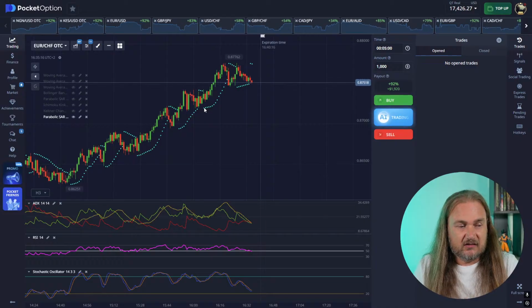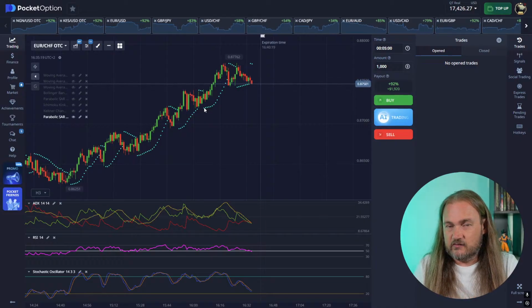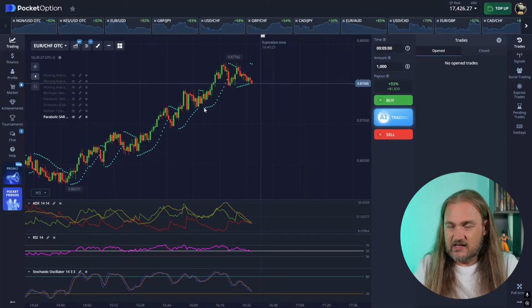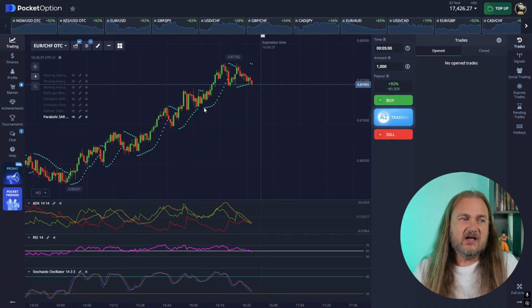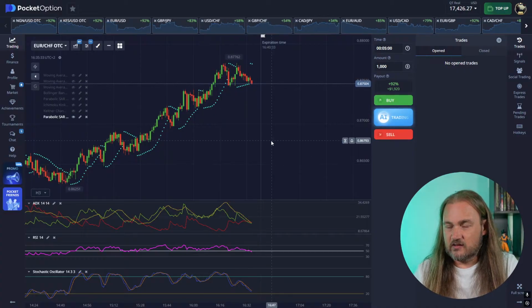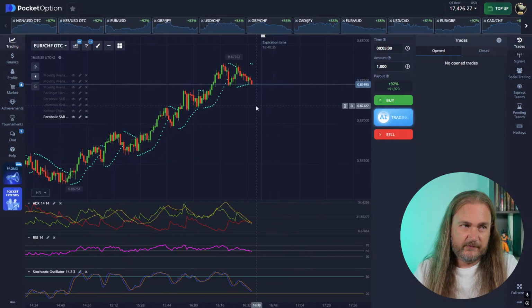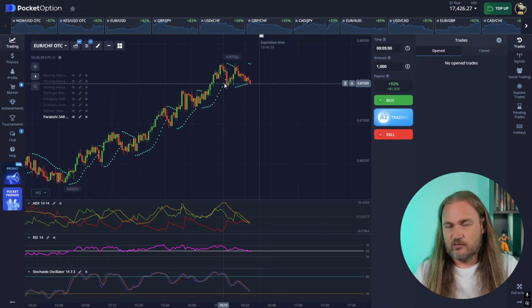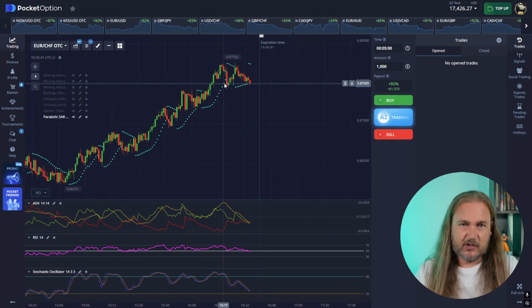We understand that we need to combine it with a strength or a momentum indicator to show us whether the current move has a lot of strength behind it. That's what the ADX and the RSI and the stochastic will do for you. And we're definitely not going to counter trend the parabolic at all. Counter trending means if we are in an upwards move, we're not going to take sell positions when the parabolic gets broken.